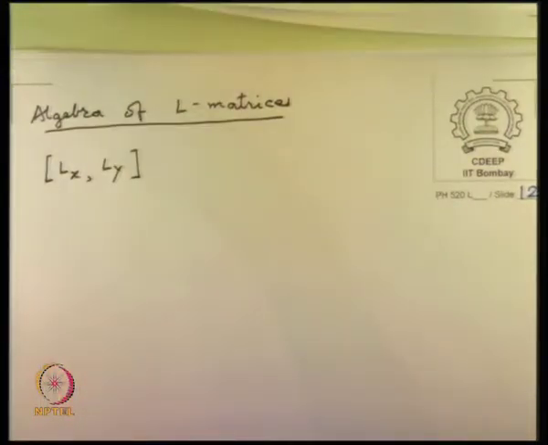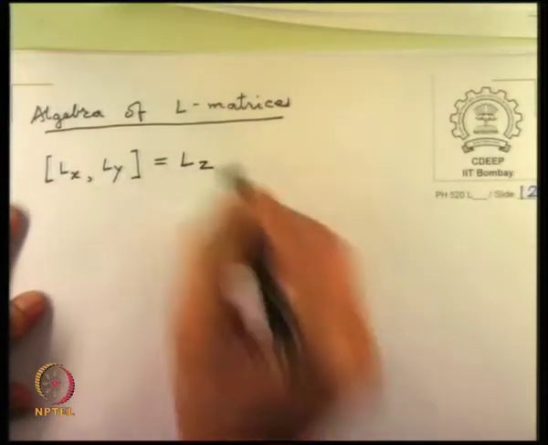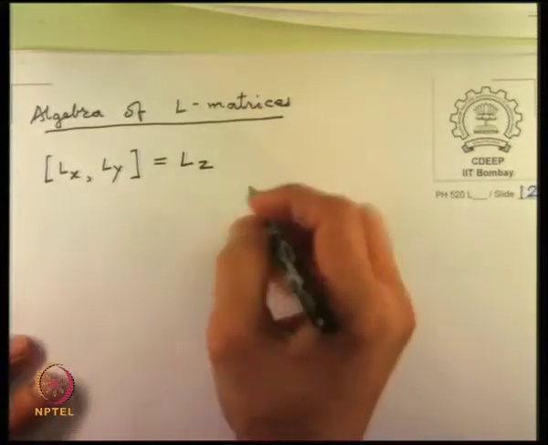What will happen if you do Lx Ly? Can you calculate? Yeah, good. So Lx Ly is equal to Lz, I think. You can check this. We will not spend time writing matrices here.